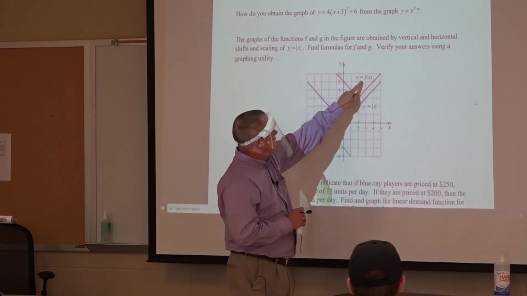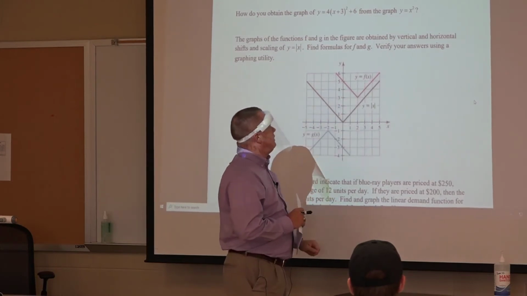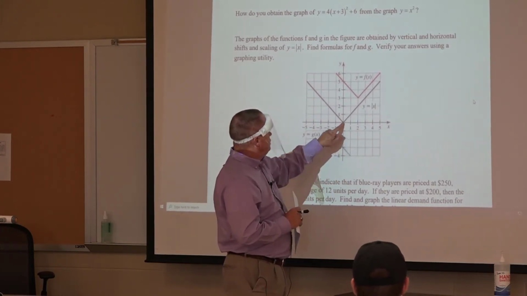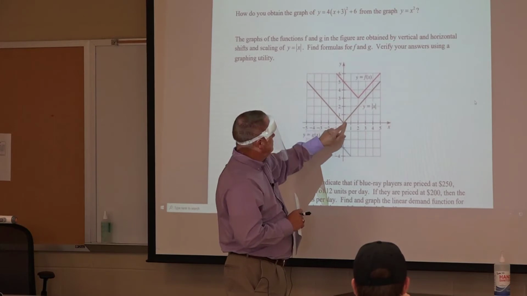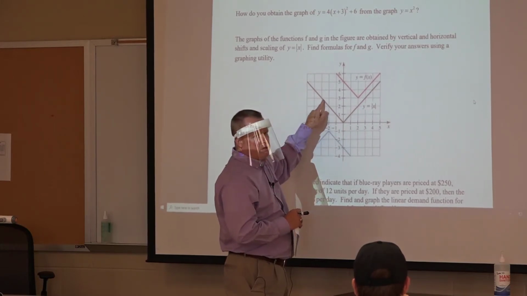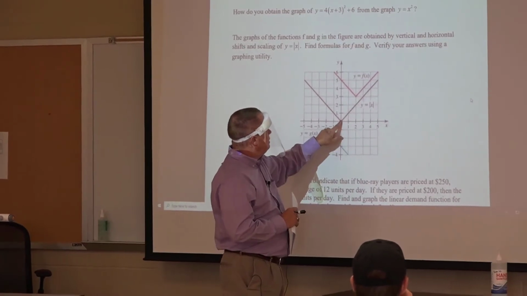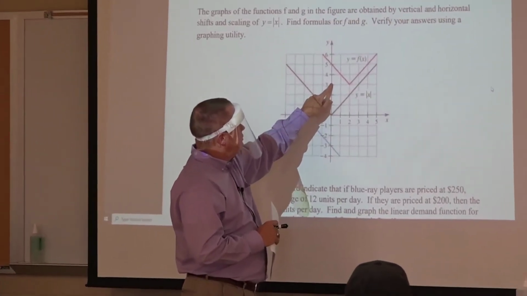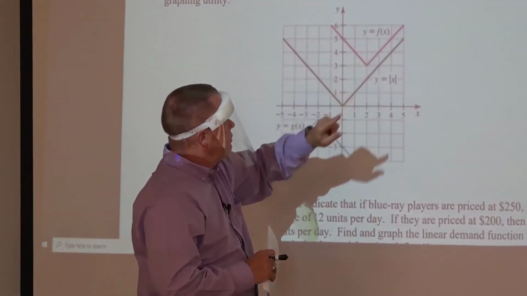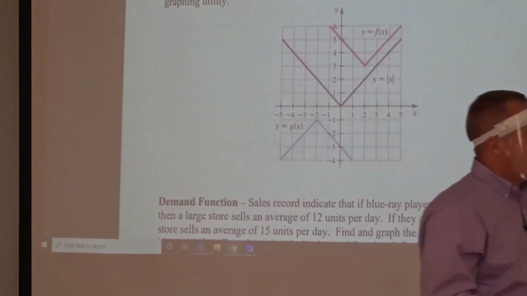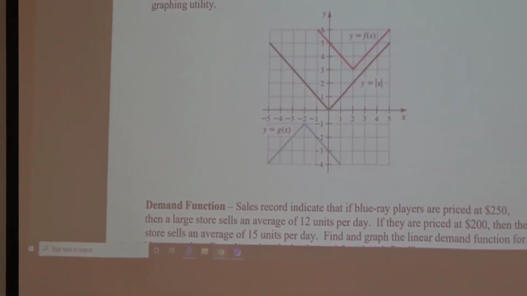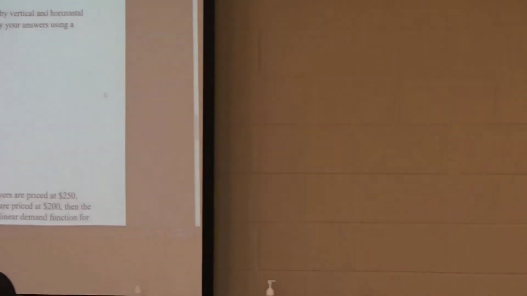All right, so to write a formula for f of x, how have we shifted this basic y equals absolute value of x graph? We went up how many? 3, and then to the right 2.